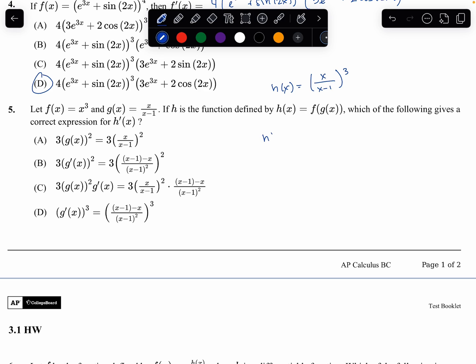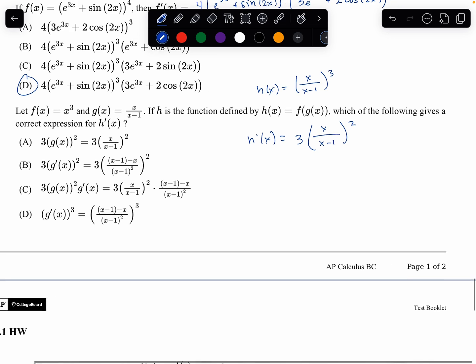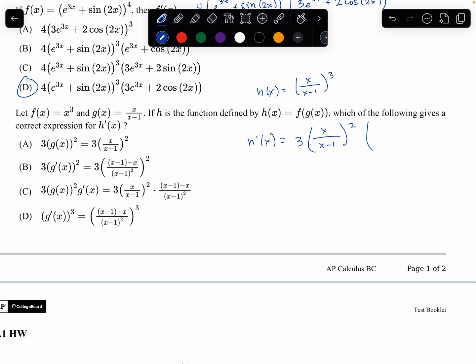So h prime of x is going to be equal to 3 times x over x minus 1 squared times, now when I take the derivative of the inside, that's going to require the quotient rule. So that's going to be low d high minus high d low, which would just be 1, and then square the bottom.